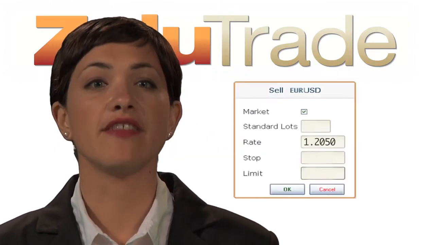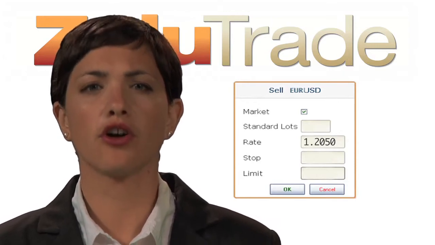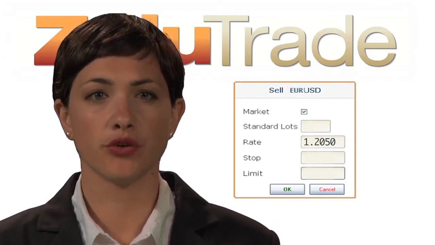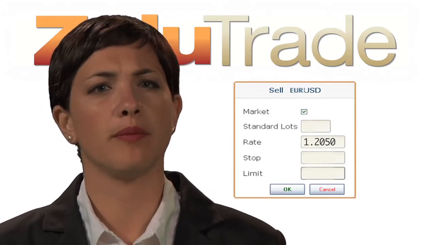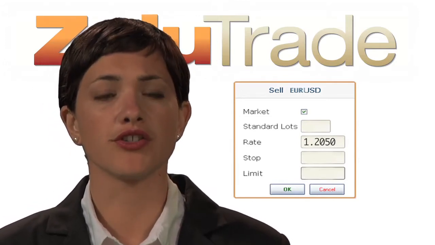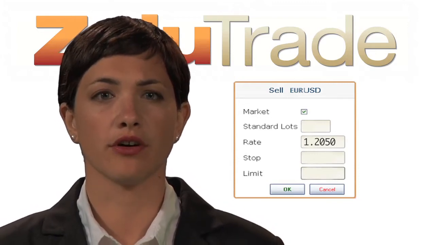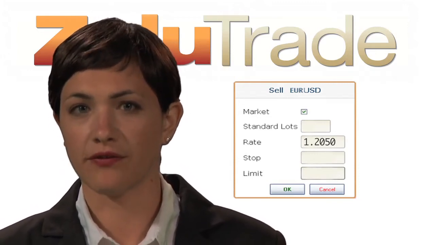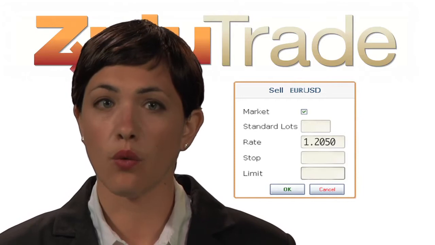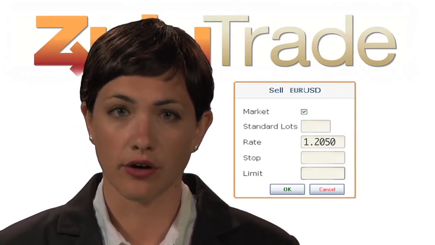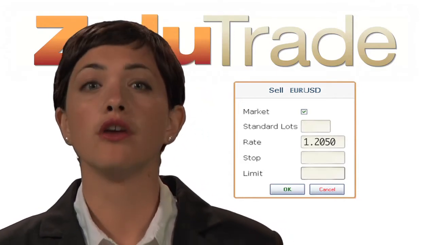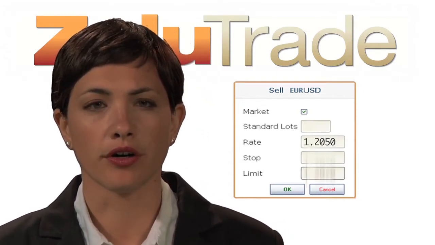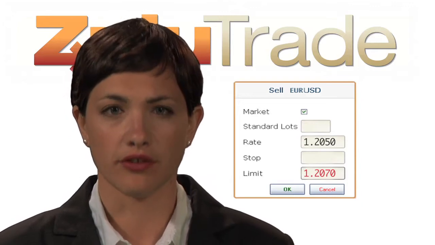Let's take a look at an example. Let's say that the Euro-US dollar pair is currently being sold for 1.2050 euros to the dollar. But you only want to buy euros if the price reaches 1.2070. You can either sit in front of your monitor and wait for it to hit 1.2070, at which point you would execute a market order, or you can set a buy limit order at 1.2070.